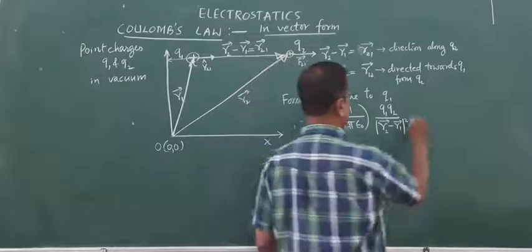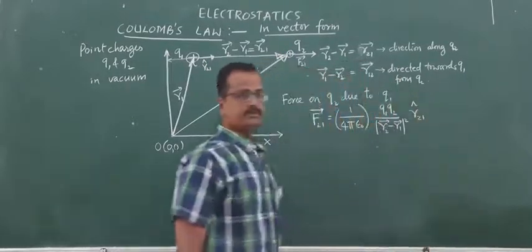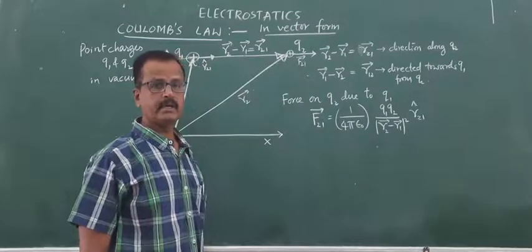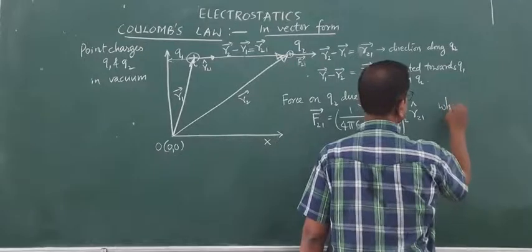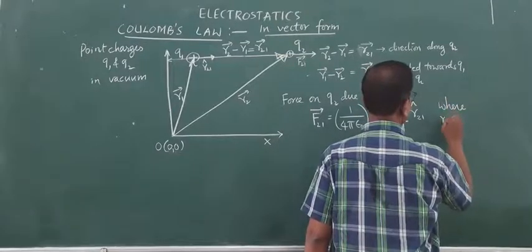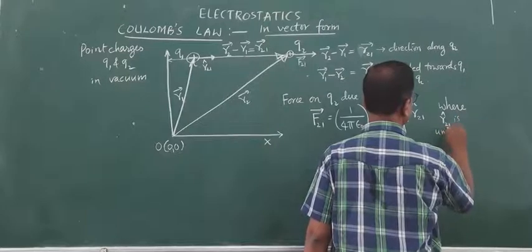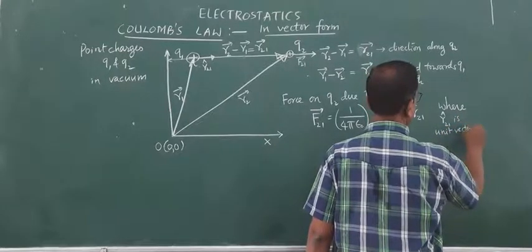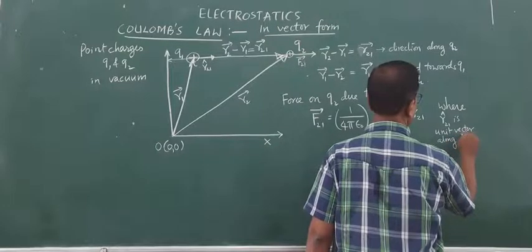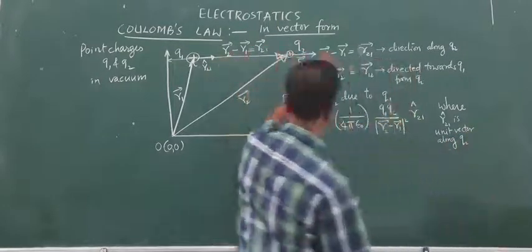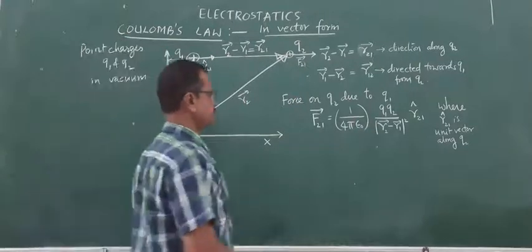So this I am going to write as R21 cap, where R21 cap is the unit vector directed along Q2, away from Q2.